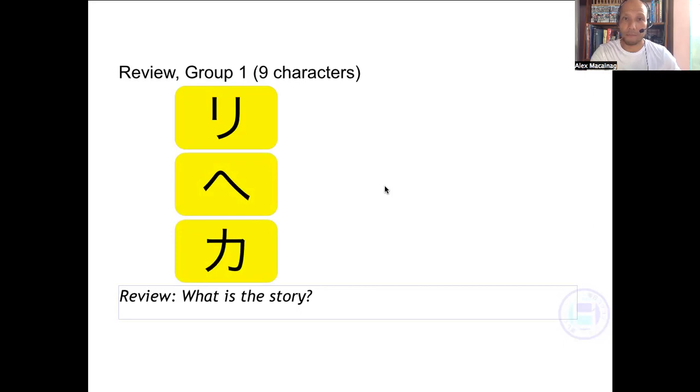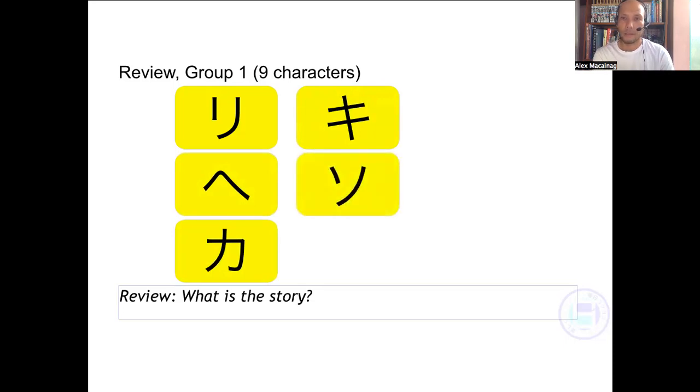So this is ka. What is this? Simple version of hiragana ki. Ki. What is this? Simple version of hiragana so.